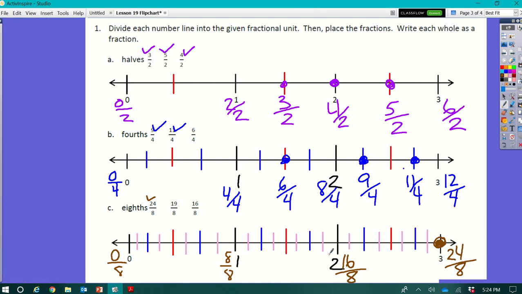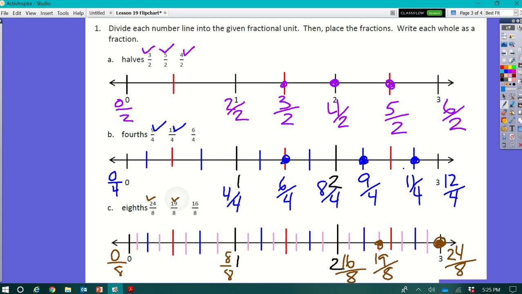So I'm going to go to 16/8, which was right here at 2, and I'm going to count on. So from 16/8, the next one would be 17/8, 18/8, 19/8. So I'm going to draw my dot on the number line and then write it underneath.